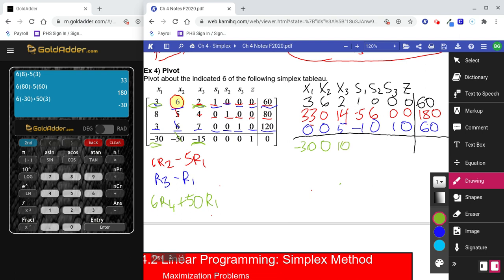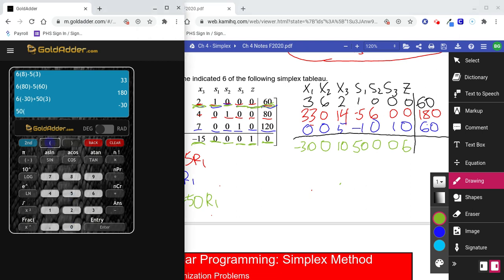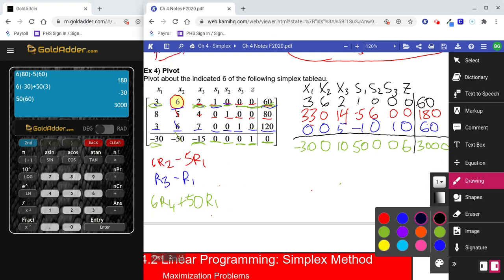Use a calculator if you need to. 6 of these is 0, plus 50 of these is 50. 6 of these is 0, plus 50 of these is still 0. 6 of these is 0, plus 50 of these is still 0. 6 of these is 6, plus 50 of those, you're going to get 6. 6 of these is 0, plus 50 of these, you get 50 times 60 is 3,000. So there's our new tableau.